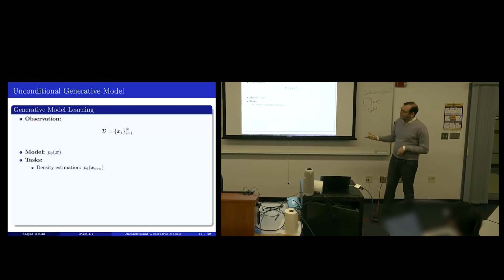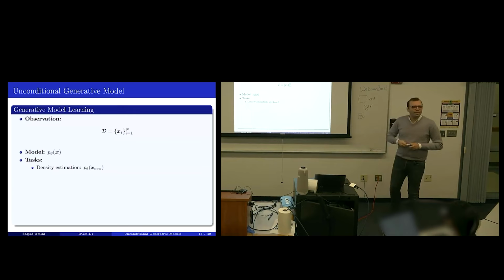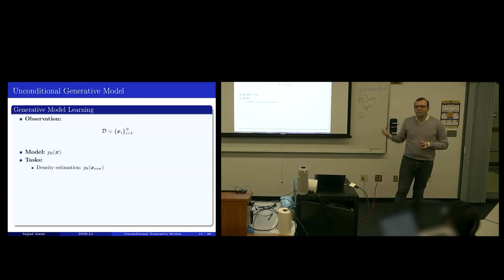The first task is: if I give you a new 32 by 32 example, can you tell me how probable it is that this is an image of a dog? If I give you a new image, can you give me an estimate of how probable it is that the image contains a dog? This is density estimation. You give me a number, a probability. This is the first task.